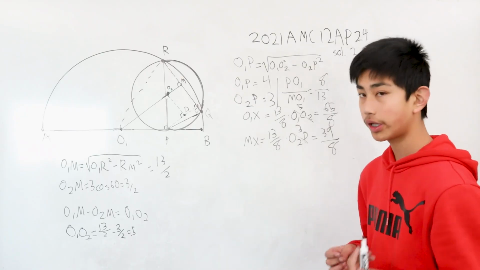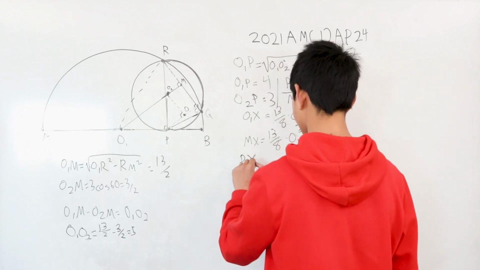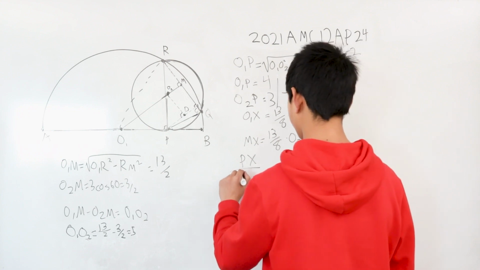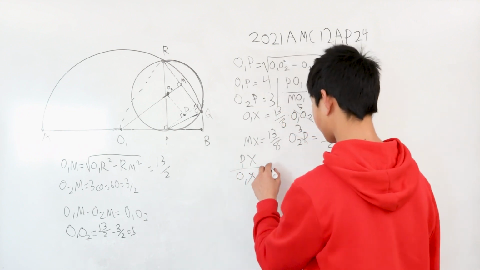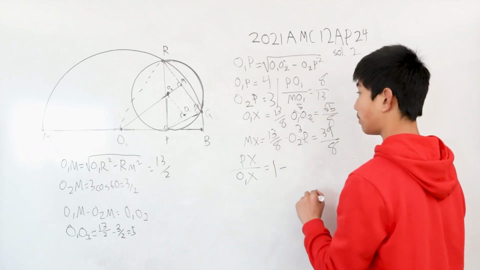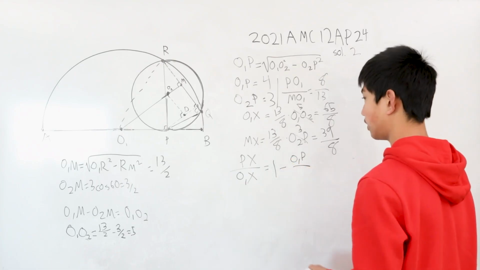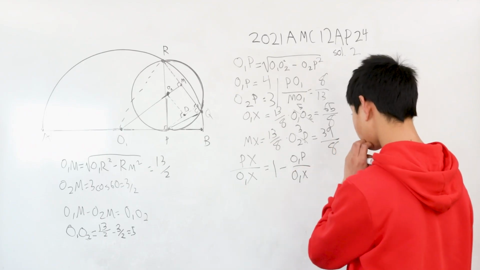So now we can create another ratio. The length Px over the other length O1x. This is going to be evidently 1 minus O1P over, this is just dividing by O1x.